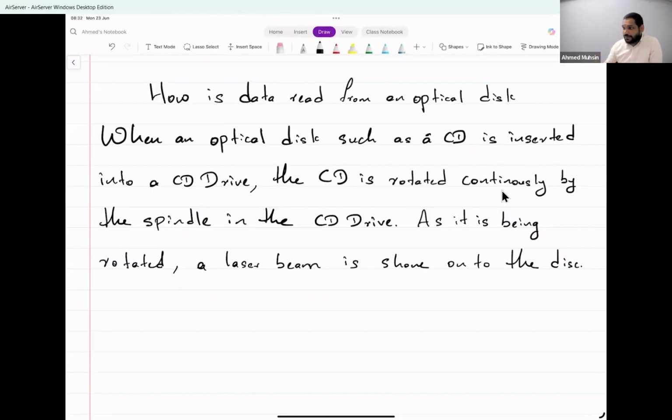Can't read? Girls over there, can you all read it? Trying my best.